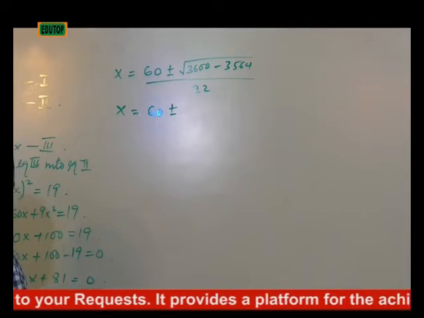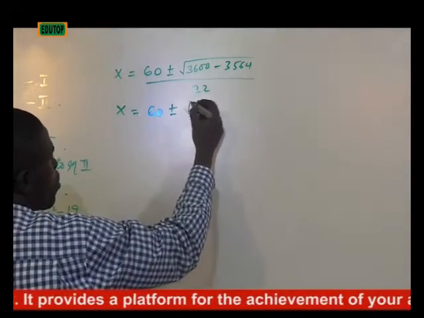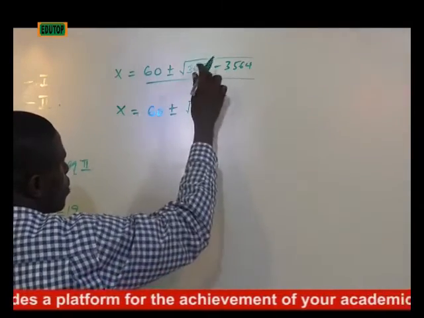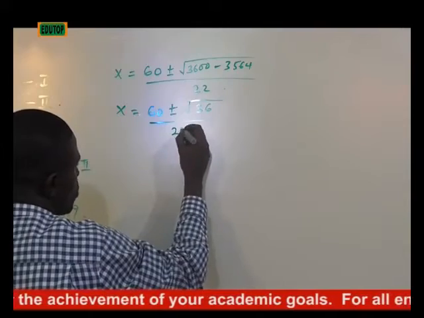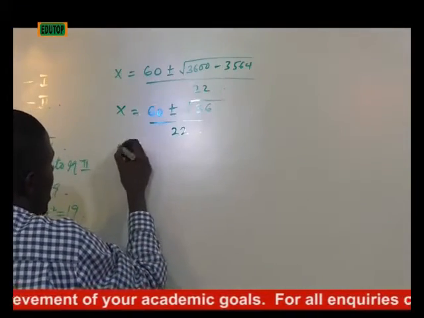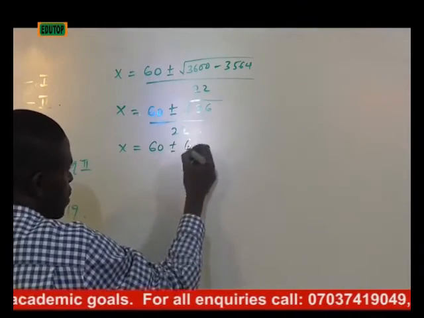So here we simplify this further by saying x is 60 plus or minus the square root of 3,600 minus 3,564, which is 36. So we have the square root of 36 over 22. The square root of 36 is 6.